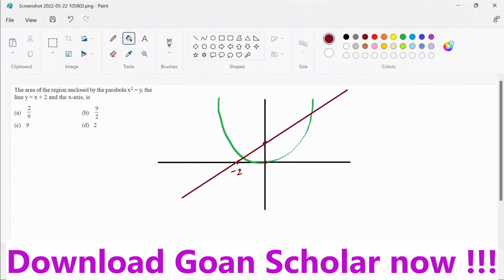Let me shade it to make it clear. This is your area A and this is your area B. You have to simply add them, A and B.